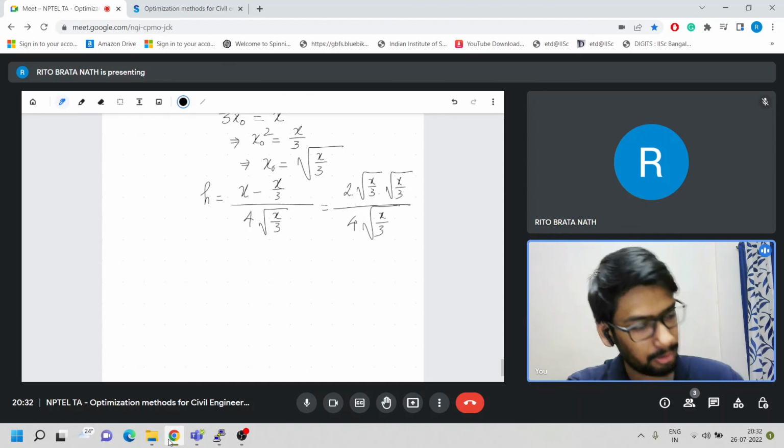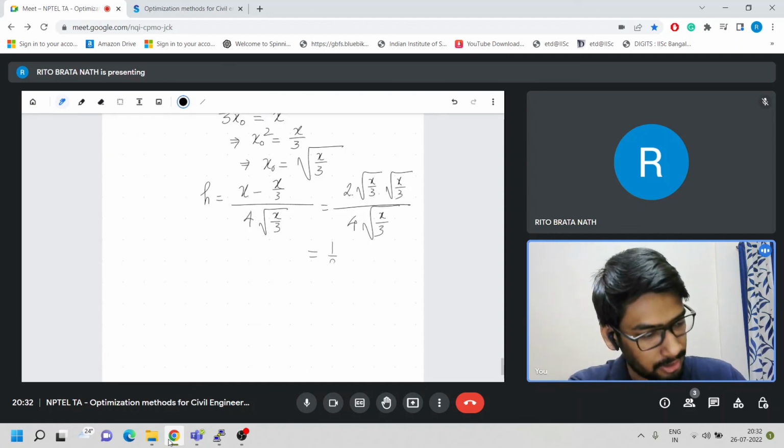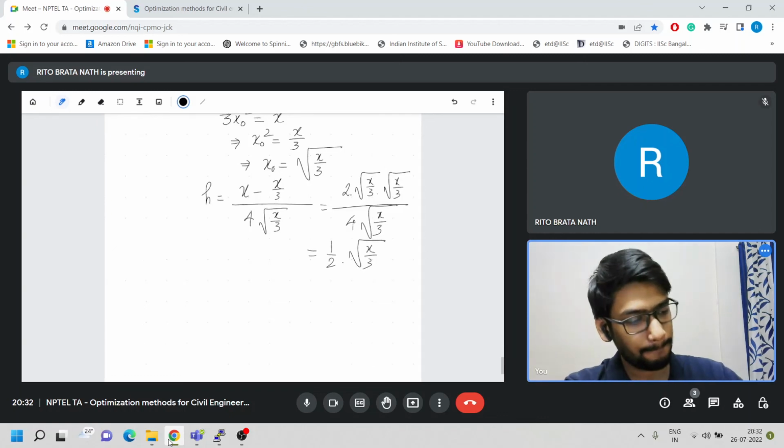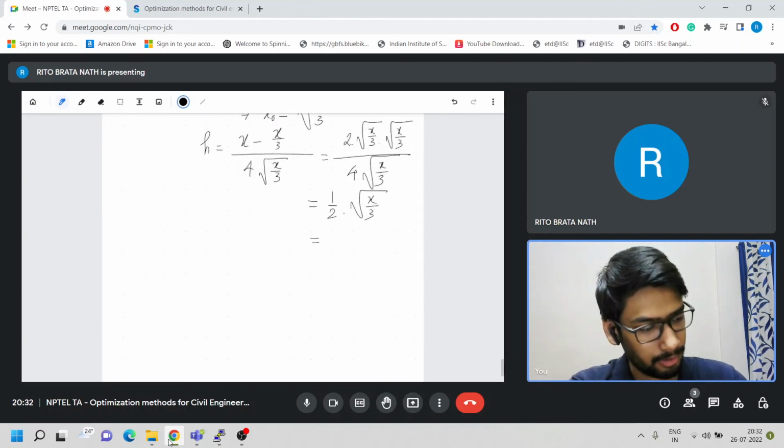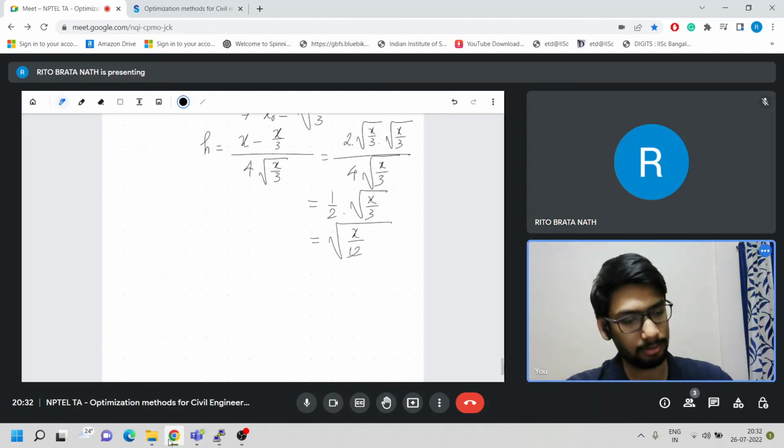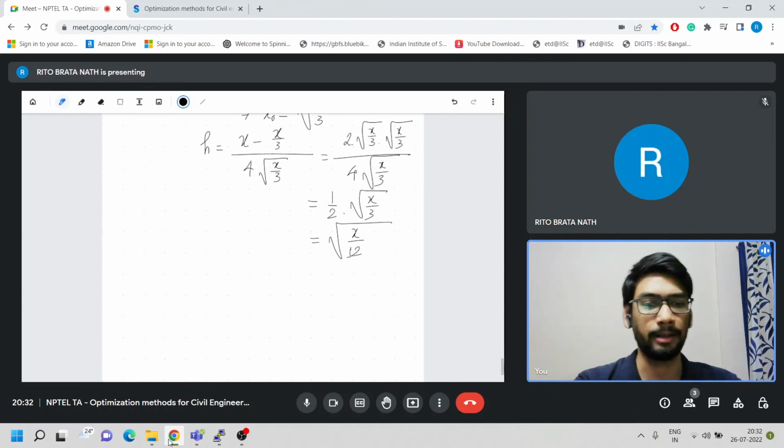So one root will get cancelled out. So it's half times, and you can write it as root of x by 12. Yeah, so this is your answer. That gets you x naught and h.